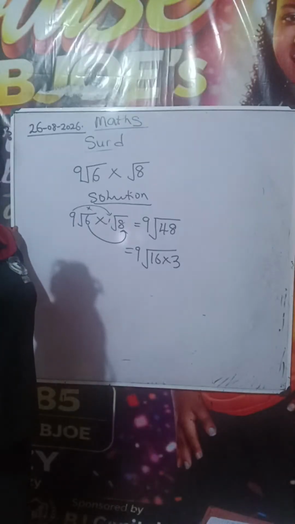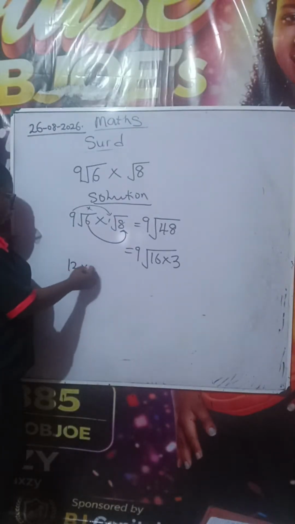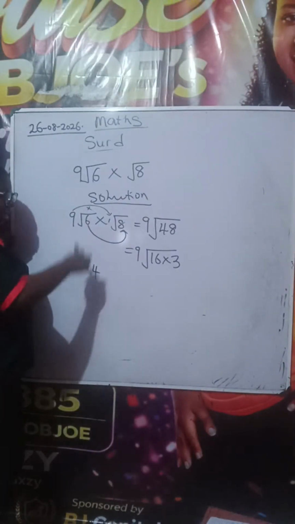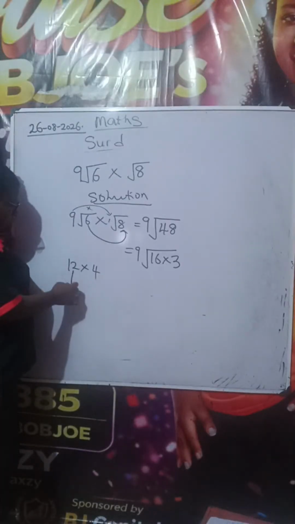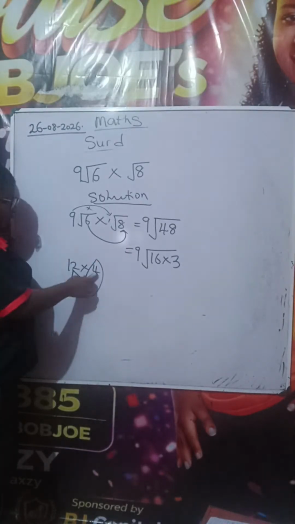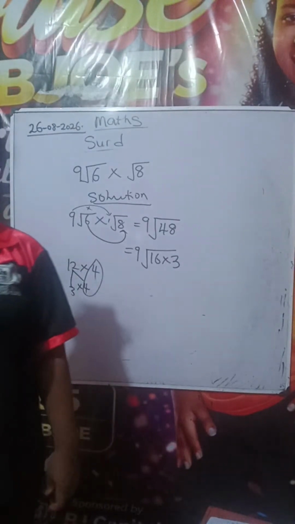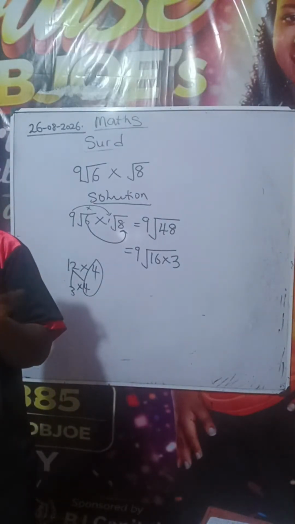And Mr. Phillips said 12 times 4. And I told him that in this 12, we have a perfect number inside, which is 3 times 4. So you multiply only the perfect number. 4 times 4 is 16. So clear now? All right.